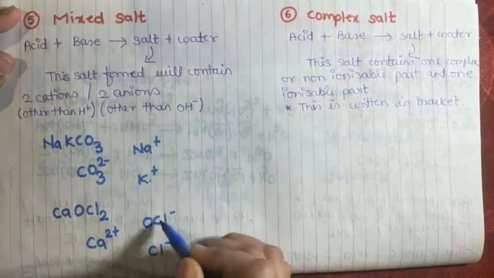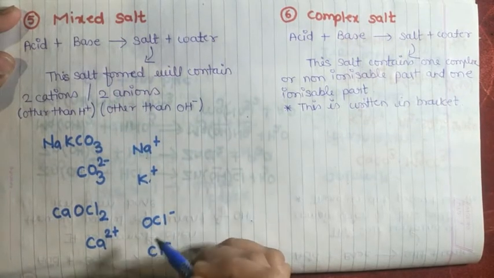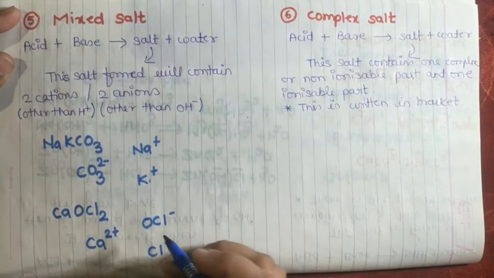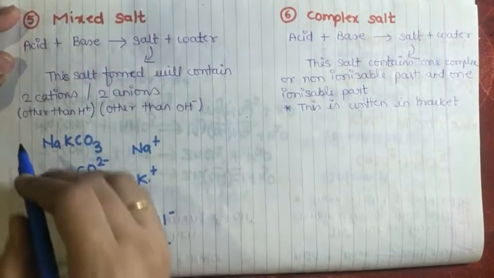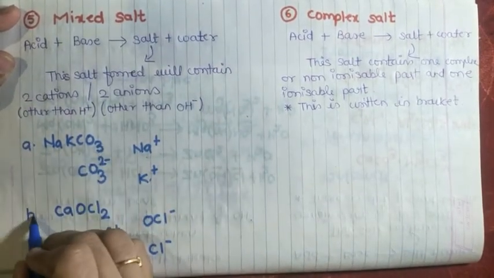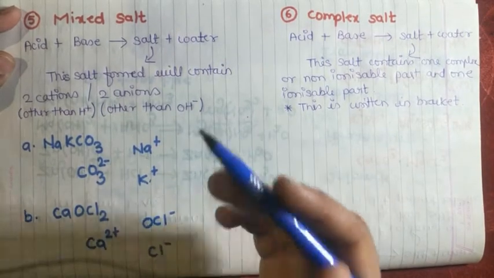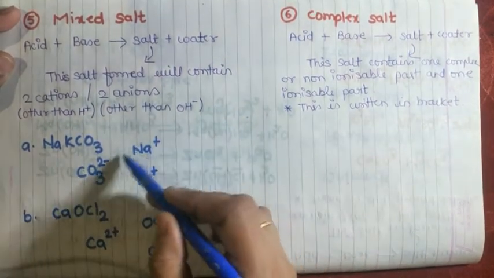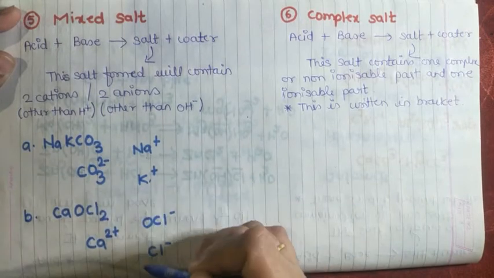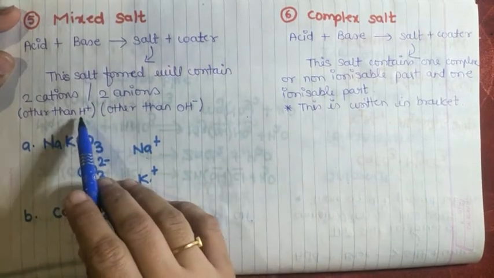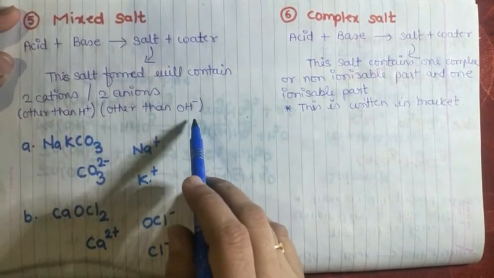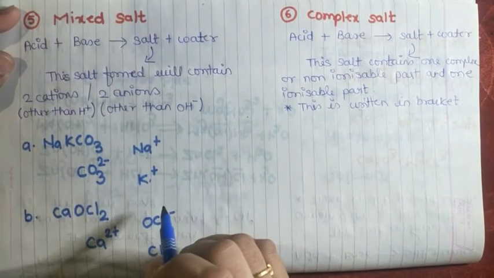So it will also not show the basic characteristics. So these will be termed as mixed salt. So these two are the mixed salt. What are the mixed salts? Mixed salts are the salts which contain two cations or two anions other than H plus ion or hydroxyl ion. So that is termed as mixed salt.